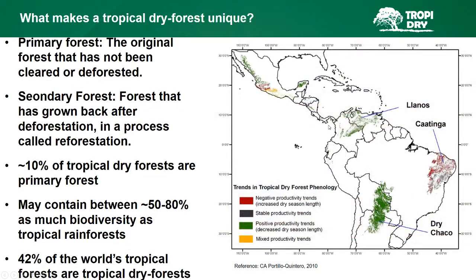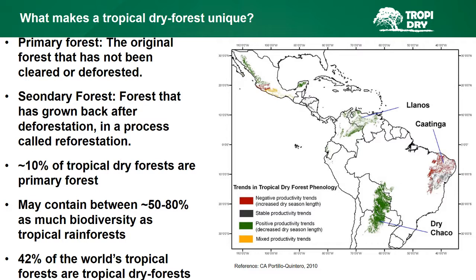So this is what makes tropical dry forests unique, that they have a high biodiversity and a high rate of endemism for their species that do exist, because a lot of these species are drought tolerant species, especially the vegetation, where they have very unique life history traits that have allowed them to cope with the extended drought periods every year.